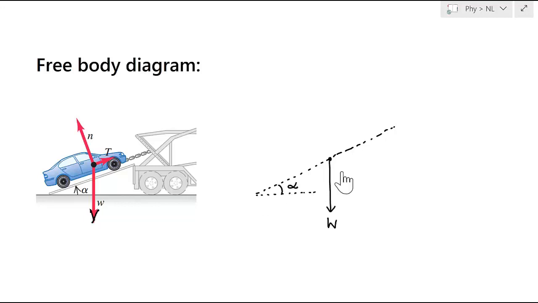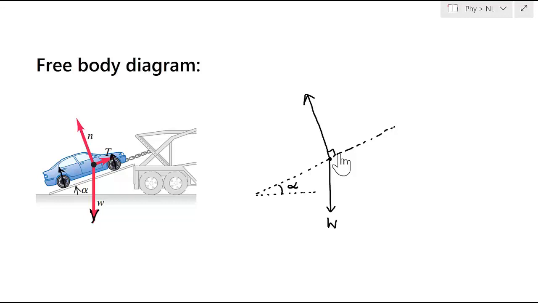And on this car, what are the other forces? One is the normal reaction, because on each tire we have a normal reaction. But we are combining all these normal reactions and showing only one normal reaction, somewhere here. This normal reaction is perpendicular to the ramp.